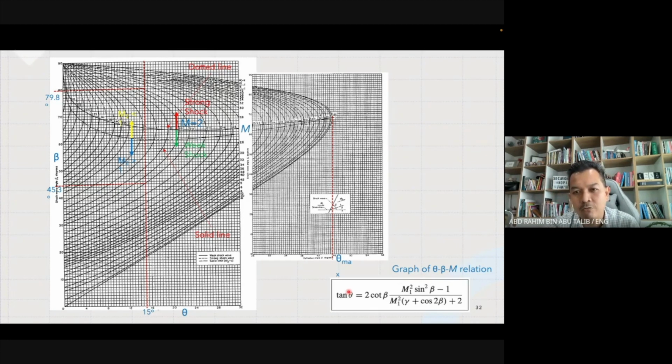So this is a graph of the theta-beta-Mach number relation, where you want to find the value of theta with respect to beta as well as the Mach number. We are going to use this graph from time to time, and we are going to find the respective value of theta, beta, or the Mach number.